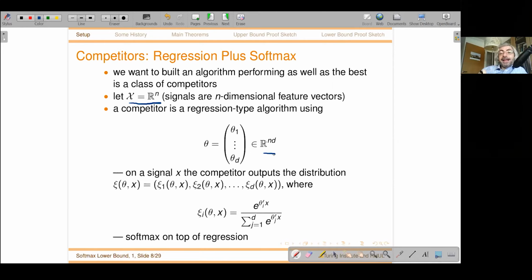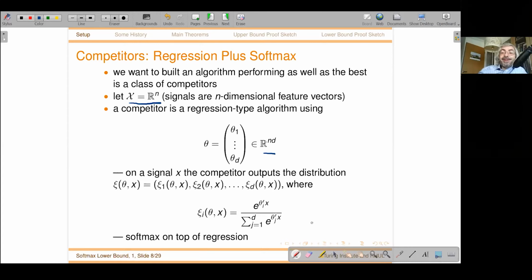The competitor calculates products of these coefficients and the x's, and then makes a distribution out of them with softmax. Basically, it's softmax on top of regression.